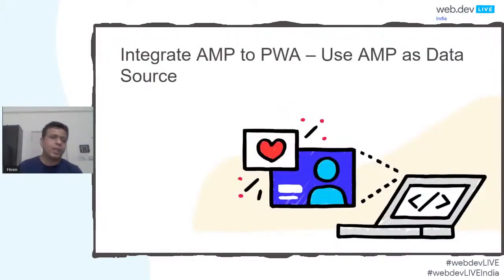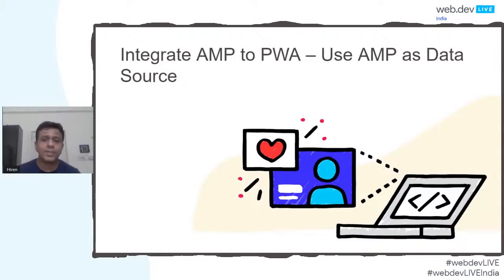Okay, now here comes the important part of the session. What if you already have an existing PWA and you want to leverage the power of AMP inside your progressive web application?